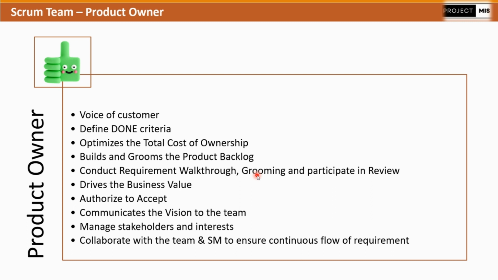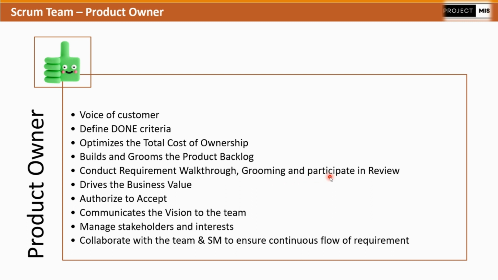They groom that requirement. Grooming means having the discussion with the Scrum Master and development team on the backlog items and refining it in terms of writing the backlog so that when you read it, it makes more sense to everyone. That is what is called grooming.